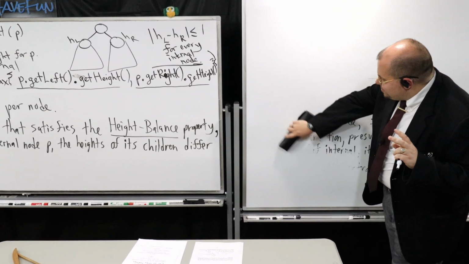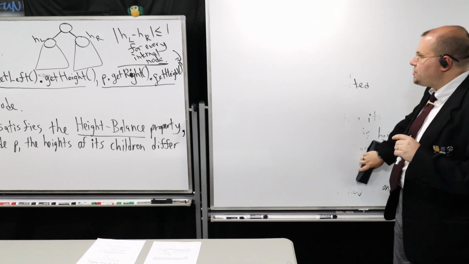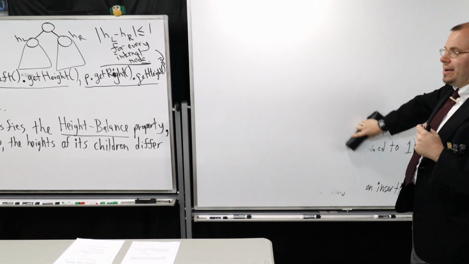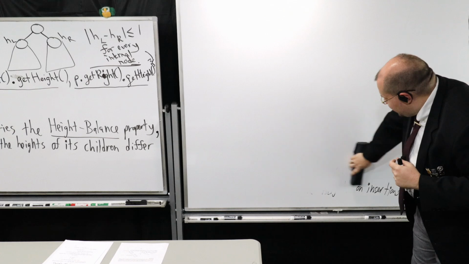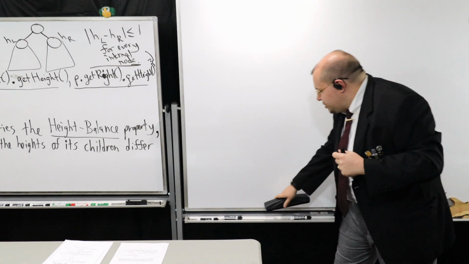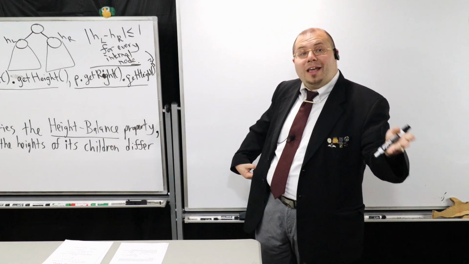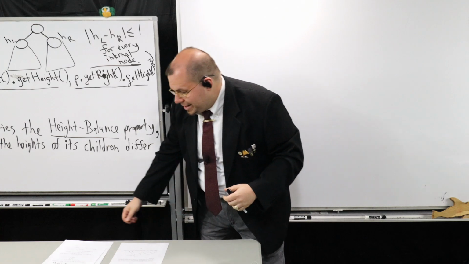The property I just described says that for every one of the internal nodes, it has to have some property. And this property depends on the children, so you can ask the question: is every subtree of an AVL tree also an AVL tree? And the answer is yes.